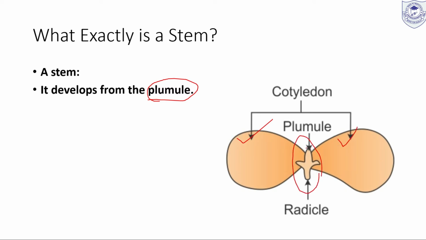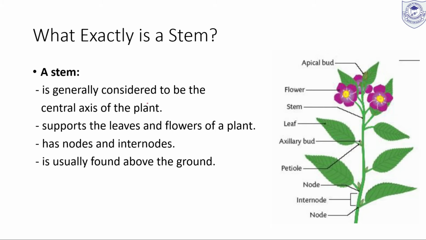The plumule will give rise to the shoot system. That means it will also give rise to the stem, right? And the radicle will give rise to the root system, okay? So here we have to know that the stem develops from the plumule.